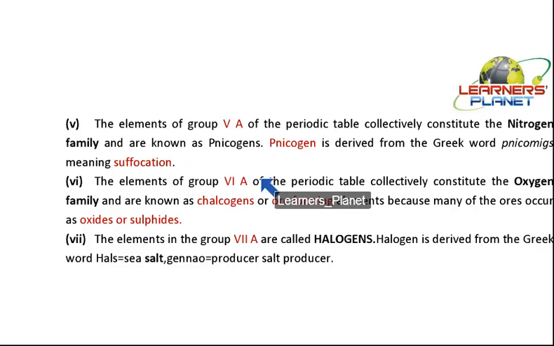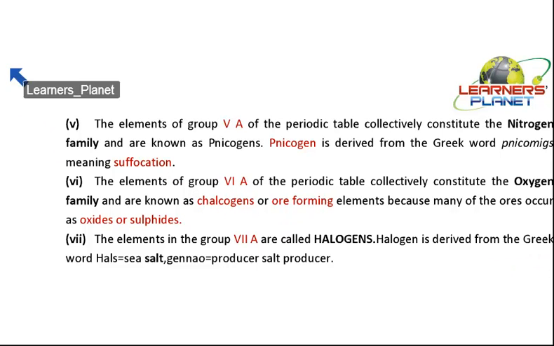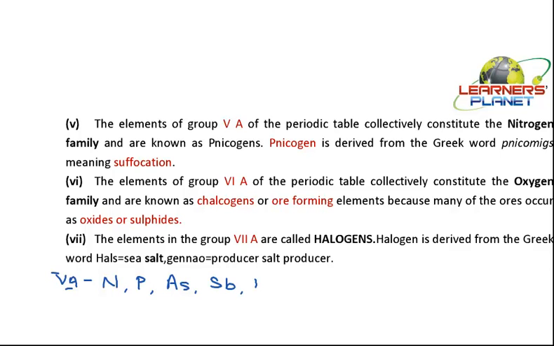That is, the oxides of these elements cause suffocation. So these are called pnicogens. Now what are the elements of group 5A? It is nitrogen, phosphorus, arsenic, antimony and bismuth. Right? These are called as what? Pnicogens.